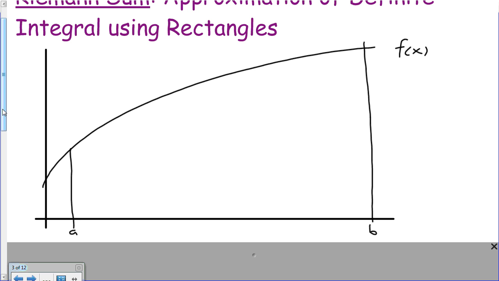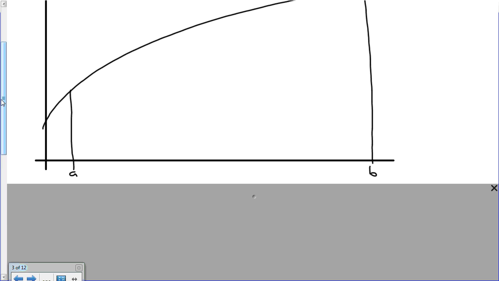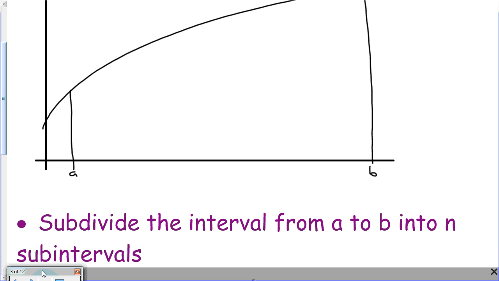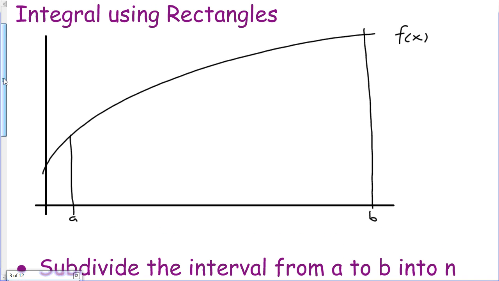I want to find the area between the curve and the x-axis, the area below the function and the x-axis. The first step to calculate a Riemann sum is to subdivide the interval from A to B into n subintervals. I'm going to flip back and forth between the steps and the sketch up above. So I'm going to divide this up into n subintervals. I'm obviously not going to sketch all of these.